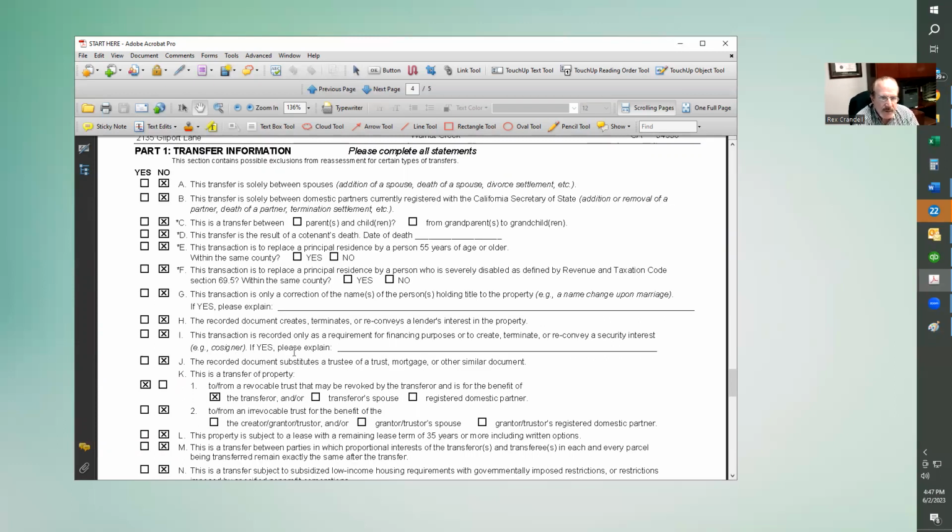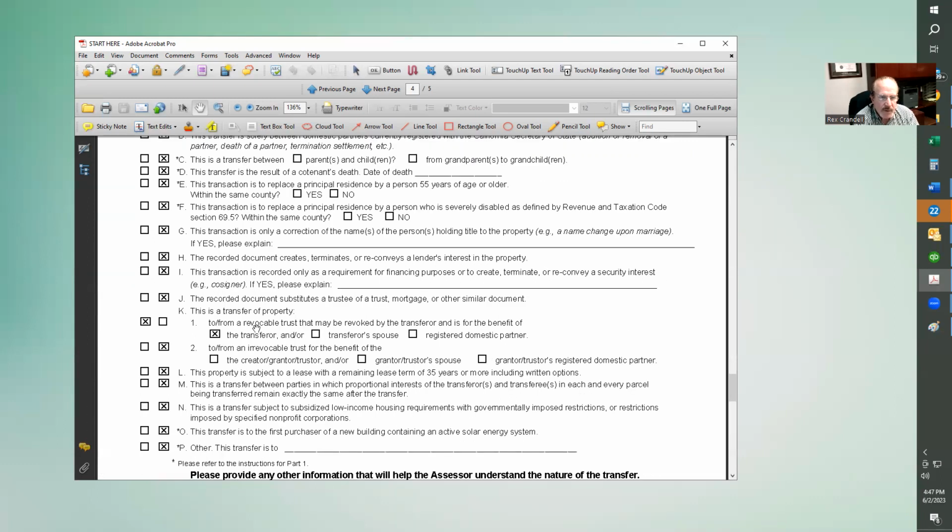And what we're concerned about here today is a transfer of property to or from a revocable trust that may be revoked by the transferor and is for the benefit of who? And in this case, it's for the benefit of the transferor. And in this scenario, there would not be a way to have it reassessed.